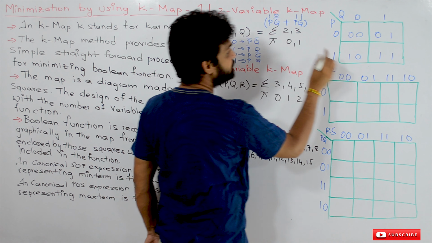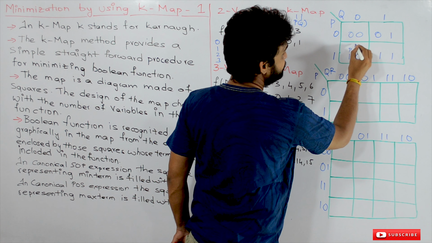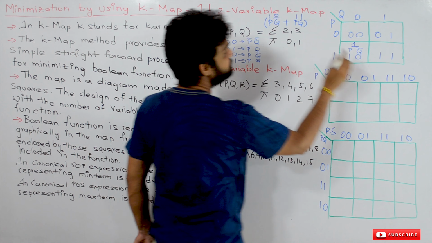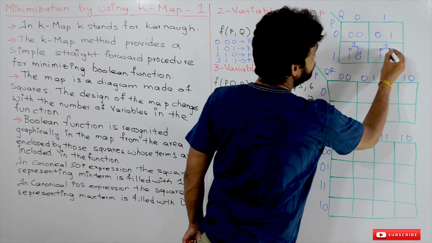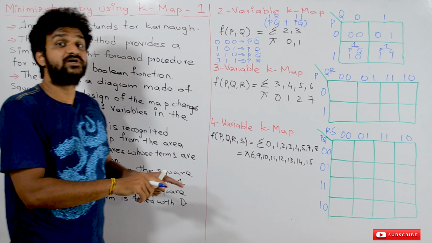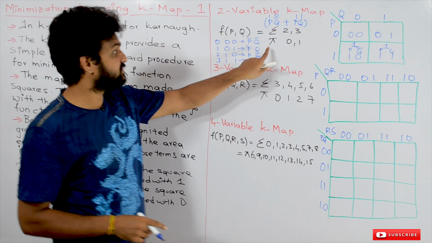Here, what we have to represent is PQ bar. This square is filled with 1. The next min term is PQ. This square is represented as 1 in the case of a sum of products expression. If it is the case of product of sums, this is the representation.